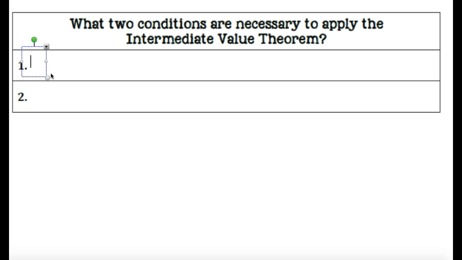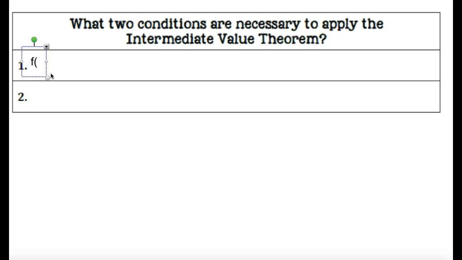Okay, you have to say, I can use the intermediate value theorem because this is true and this is true, therefore I can say that there is a 0 on this interval, or therefore I can say that this function reaches a y value of 2. Okay, and we'll take a look at actually writing that out and applying that here in a second. Okay, but these two conditions that are necessary.